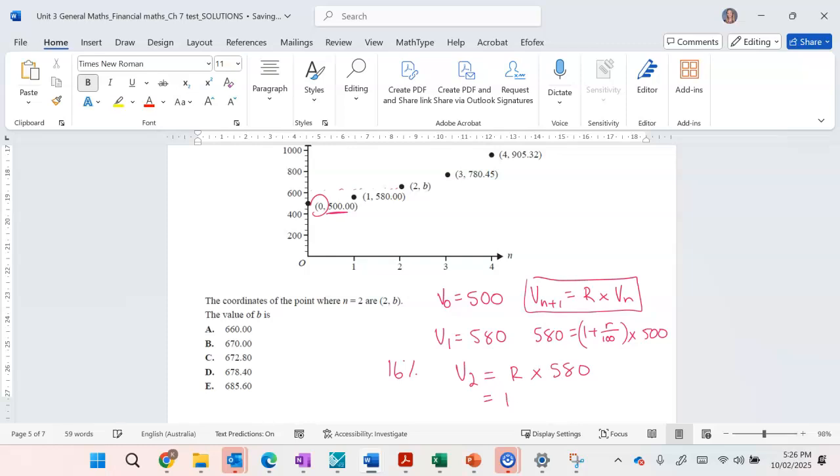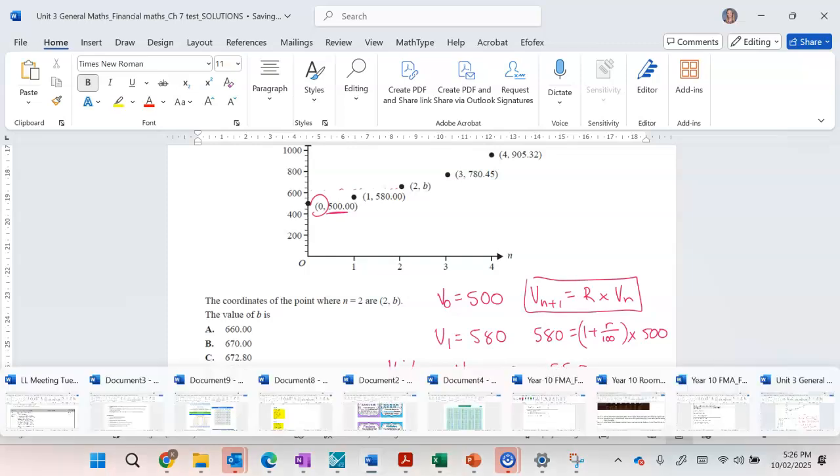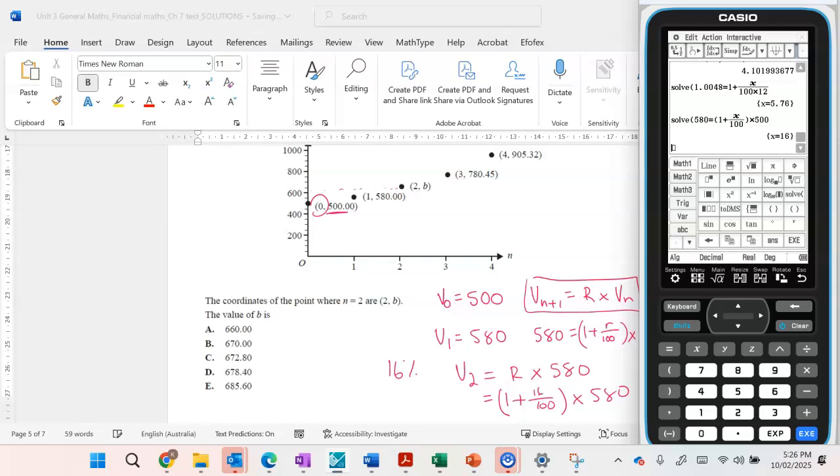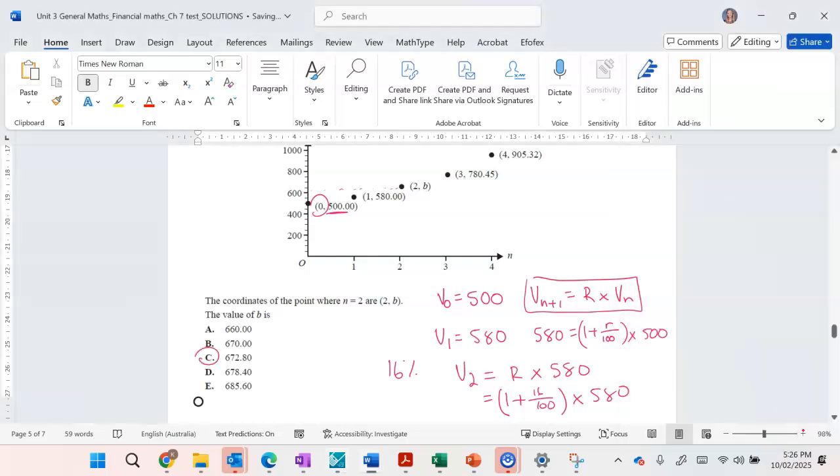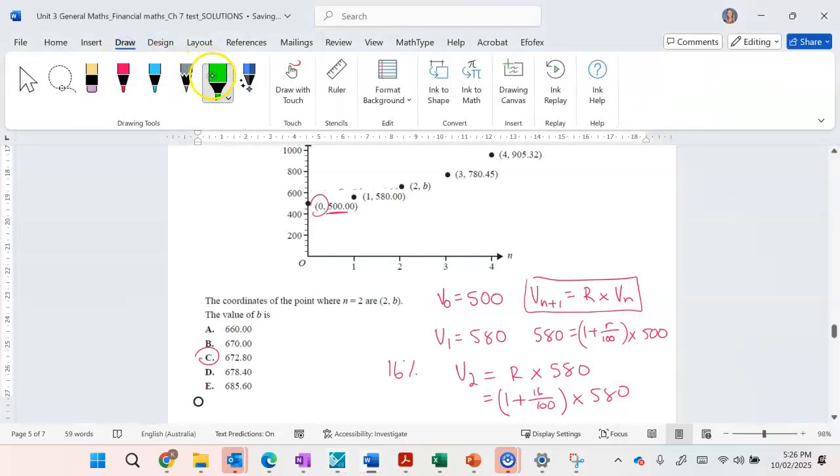All right, so we've got 1 plus 16 over 100 times 580. So 1 plus 16 over 100, close bracket, times 580. So 672.80.